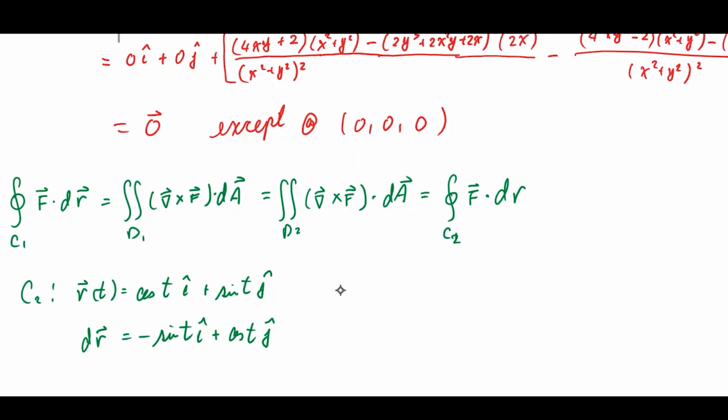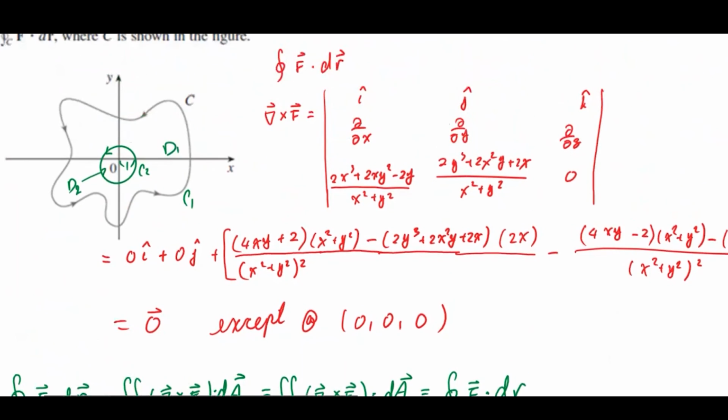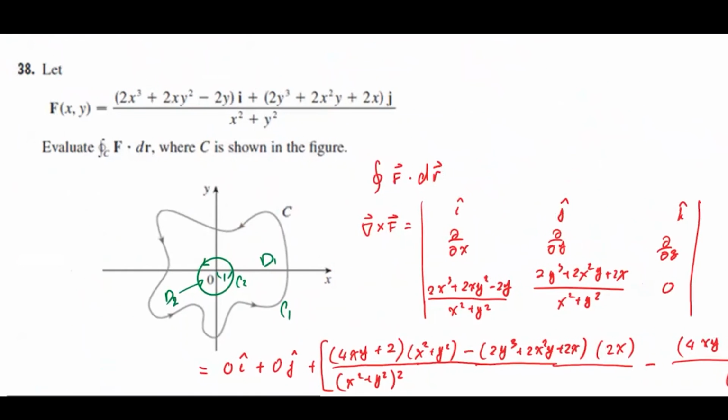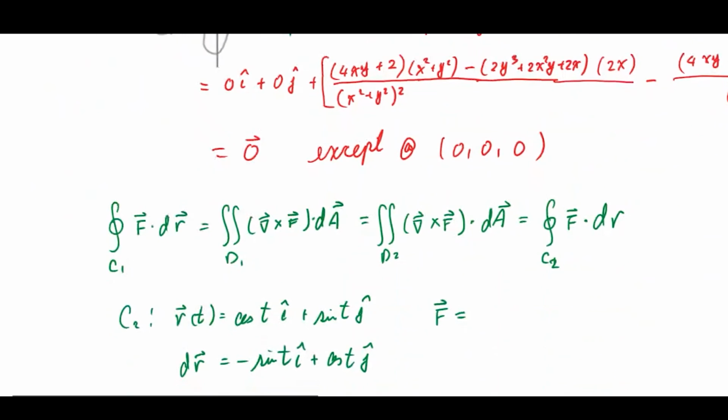And then our f vector happens to be, now we have to substitute, where is my f? This thing with the sine and cosine. That's a lot of work, isn't it? Yeah, let's do it. How many minutes do I have left? Okay, we'll do it like this.